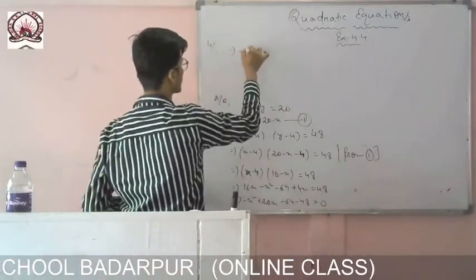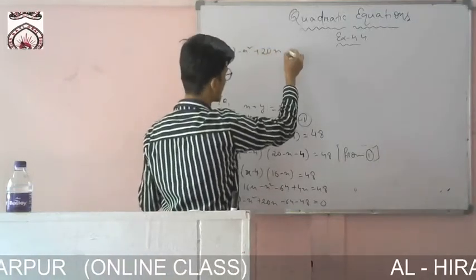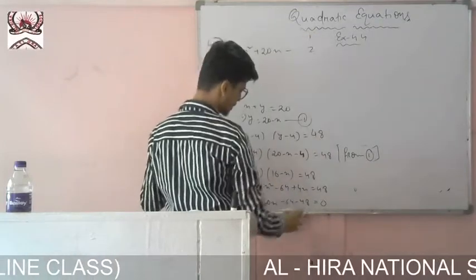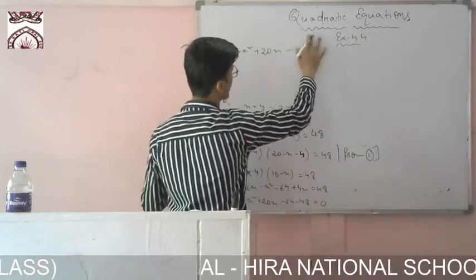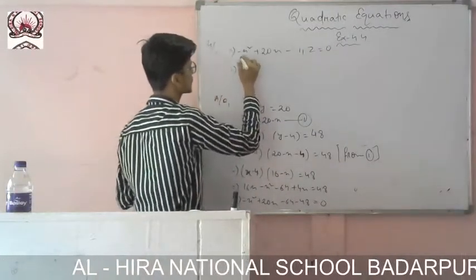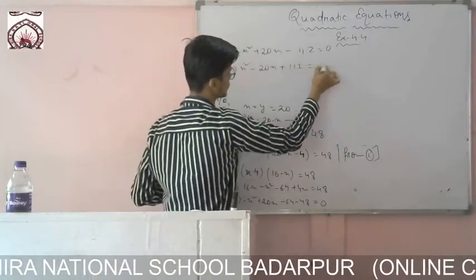Which will be equals to minus x square, then plus 20x, and minus minus, it is plus 64 plus 48, which is 112 equals to 0. So if I change the sign, because there x square is minus, it will be 20x plus 112 equals to 0.